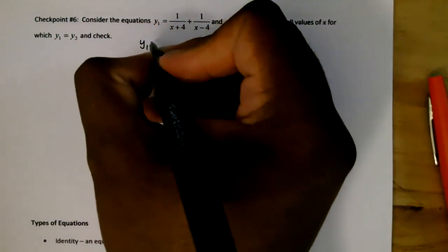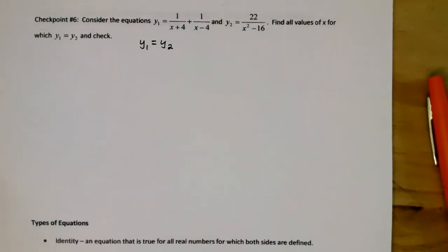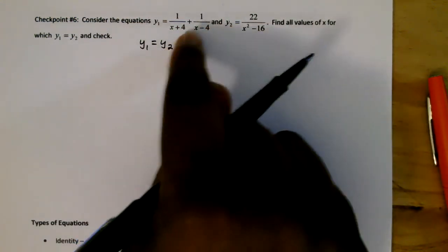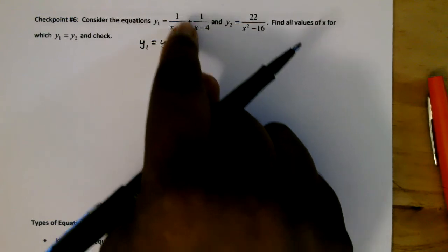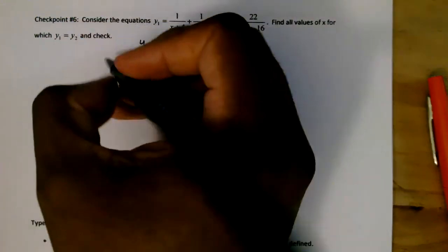So here we're told y1 is equal to y2, and we want to find all the values of x. In this case here, y1 is this expression right here, 1 over x plus 4 plus 1 over x minus 4.